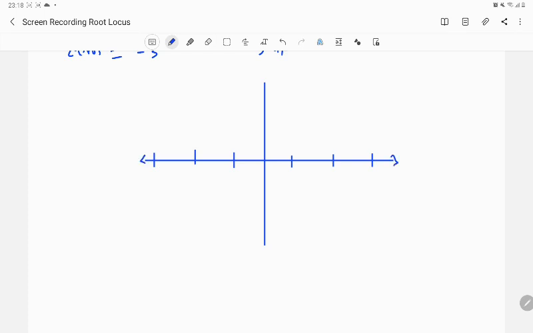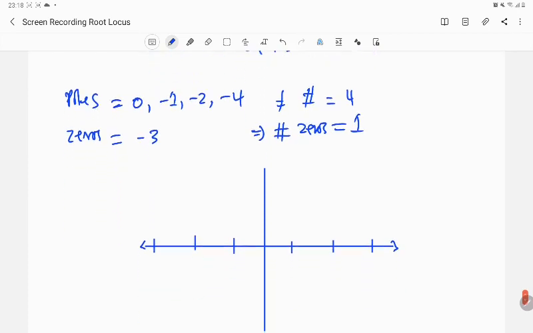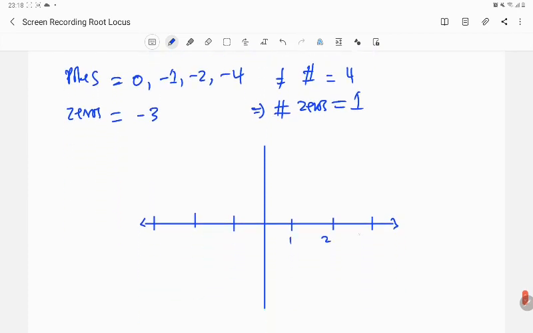So from here we can plot our poles. Of course, I have to extend this and put 4 on the negative side. Then of course we'll have the imaginary axis, but I'm not dealing with it right now, so I'll forget about that.